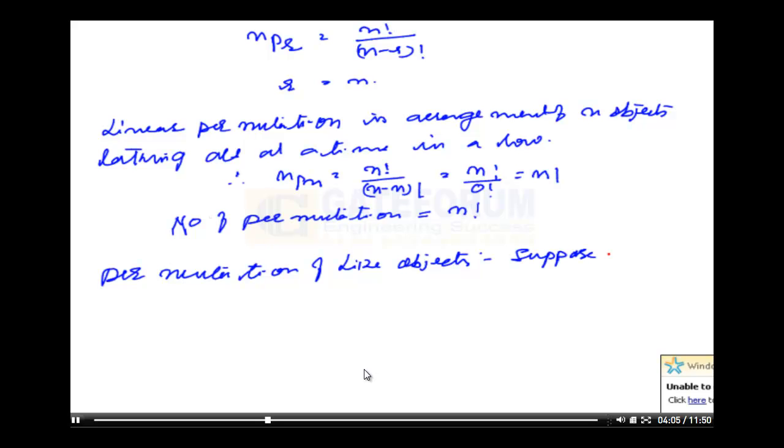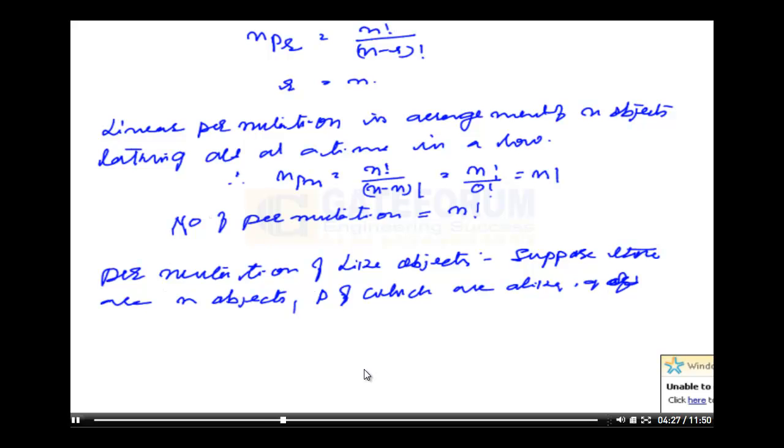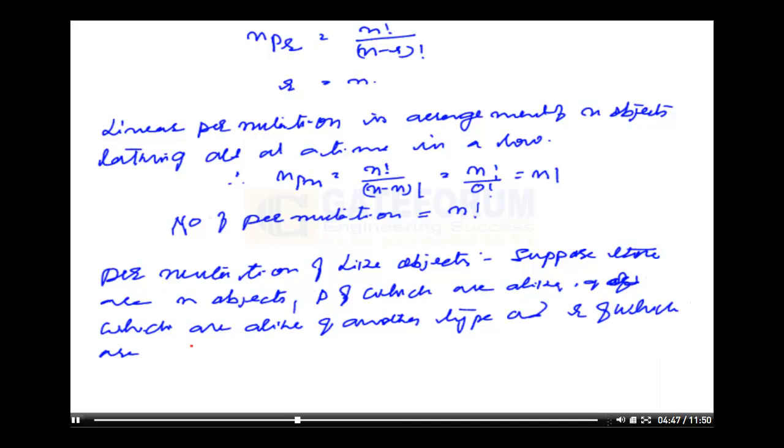Suppose there are n objects, P of which are alike, Q of which are alike of another type, and R are alike of a third type.